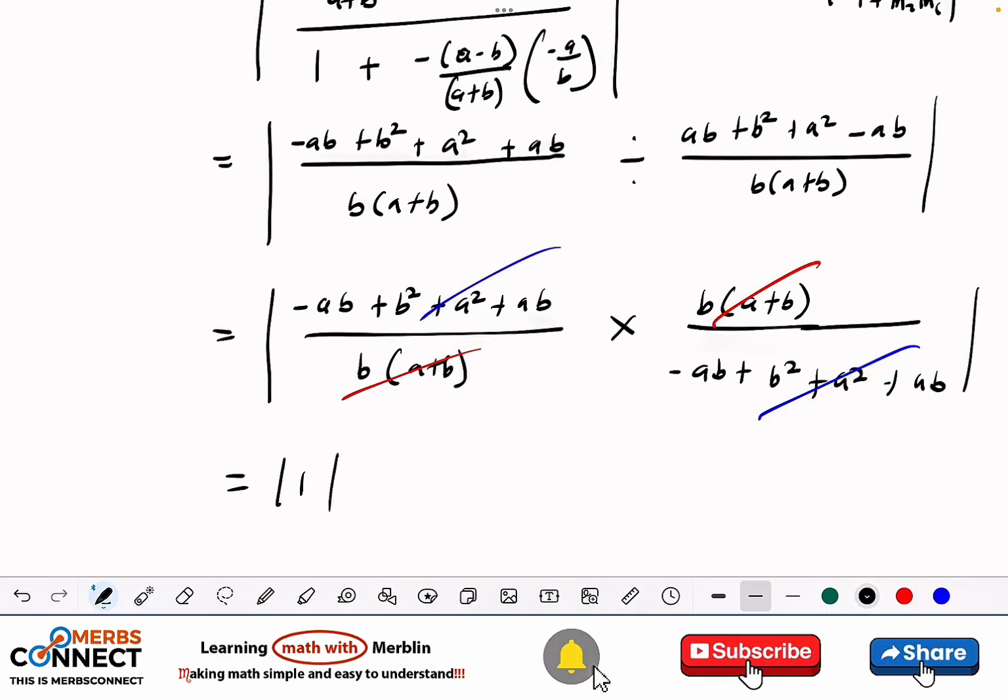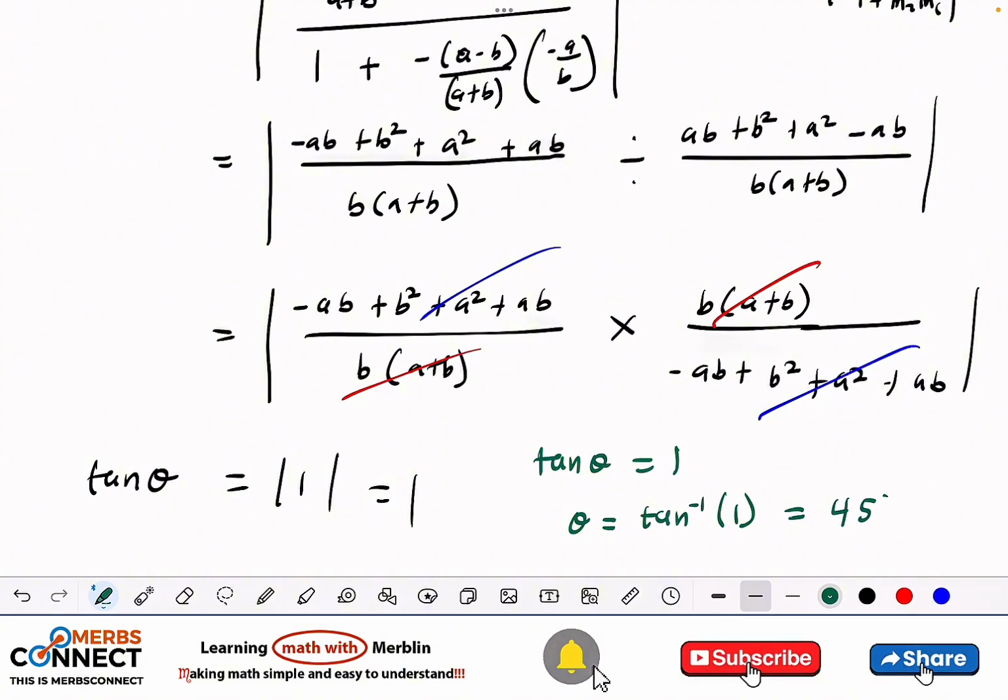So it means that tan theta is equal to 1. Absolute of 1 is also equal to 1. So nice. What is happening here? It means that now tan theta is equal to 1. So we need to find the angle. So the angle here is tan inverse of 1. And we know that tan inverse of 1 is 45 degrees.